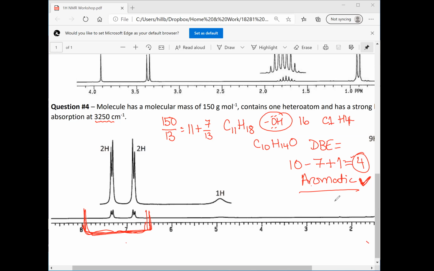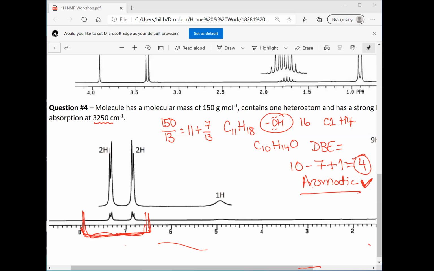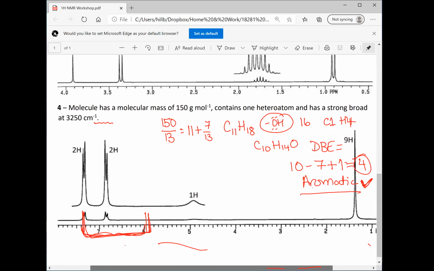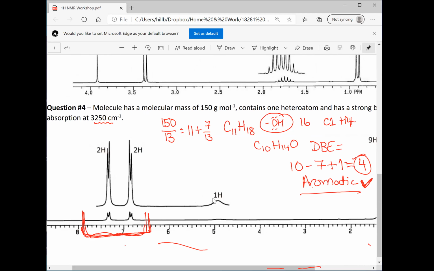And so then the next step, what we would want to do is make our little correlation table. We've got a peak down here around 1.4, a peak at around 5, and then these two around 7.